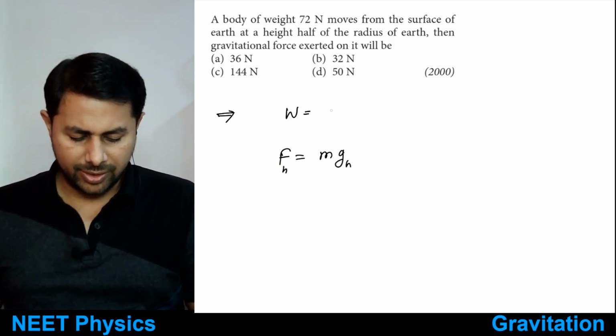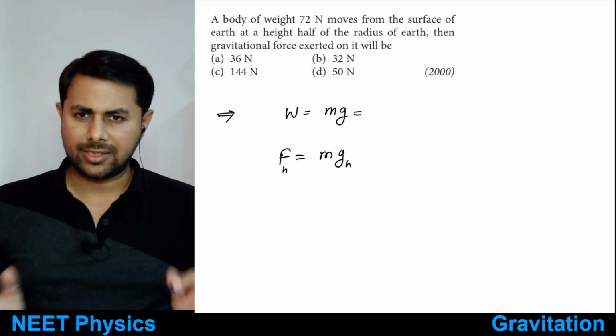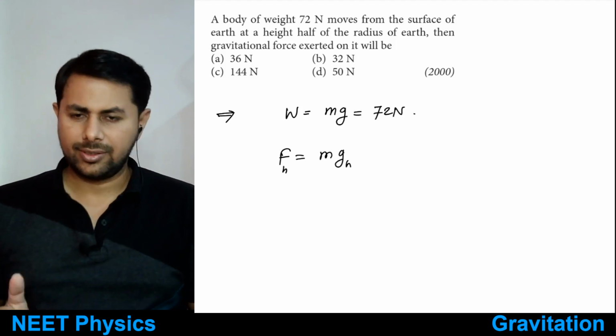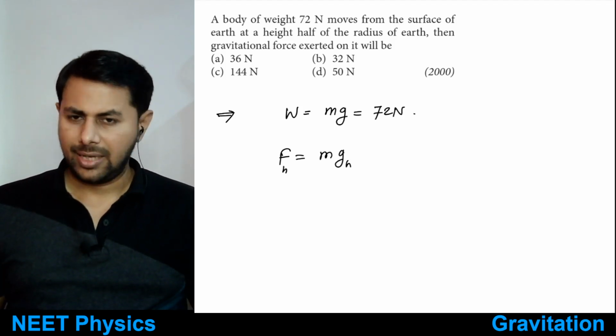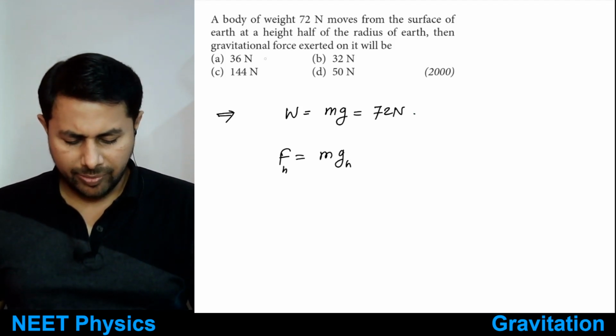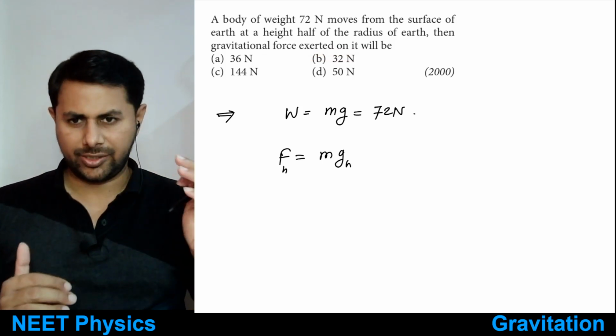Okay, so weight is what? M times g only, right? Mass times acceleration due to gravity on earth surface, that is 72 Newton. This is given. mg is equal to 72 Newtons. And you want to find what will be the gravitational force on it. That means its weight only, but at height h.